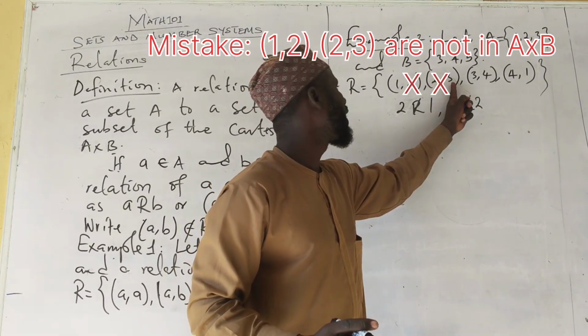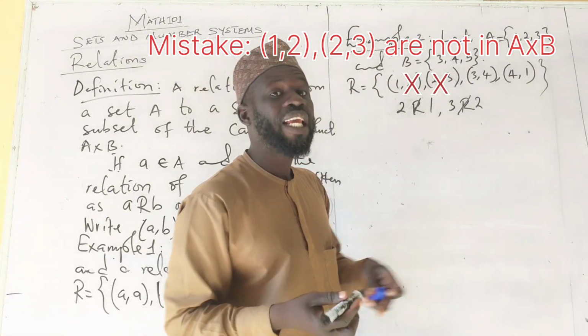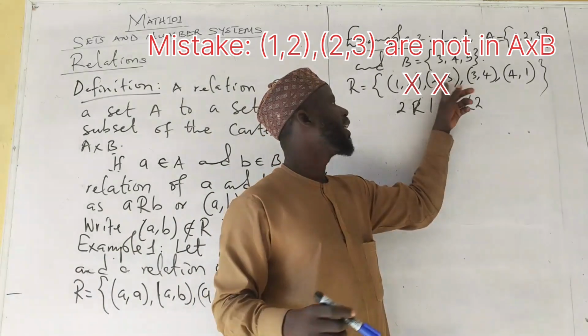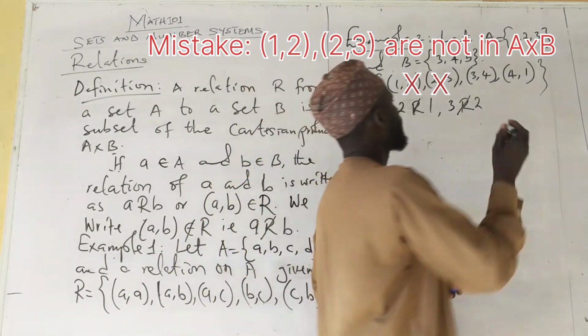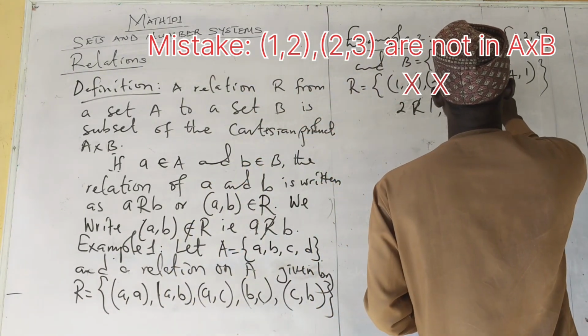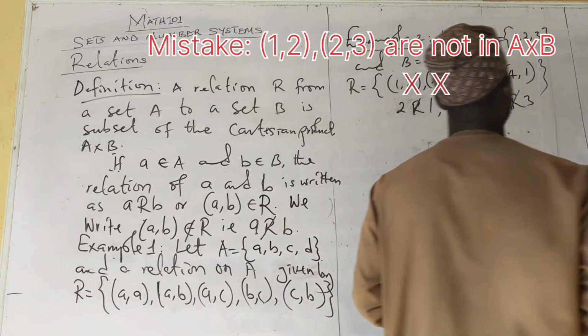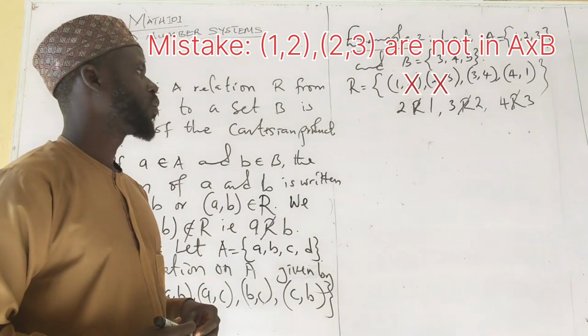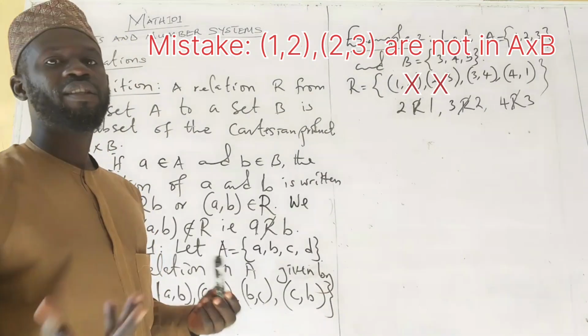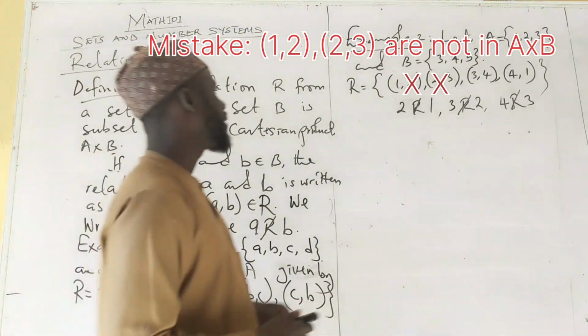Just because 2 is related to 3, you cannot say directly that 3 is related to 2. 3 is related to 4, but 4 is not related to 3. This is very obvious and clear.